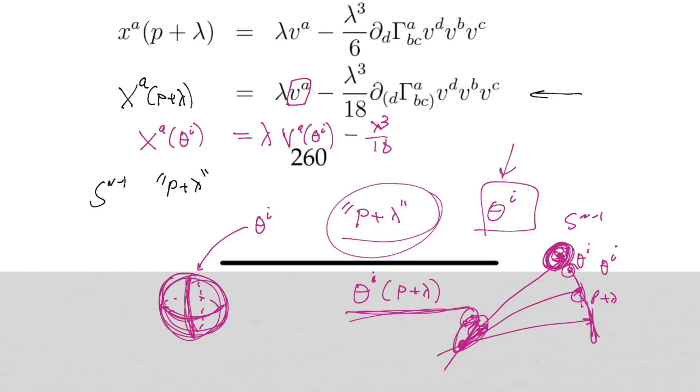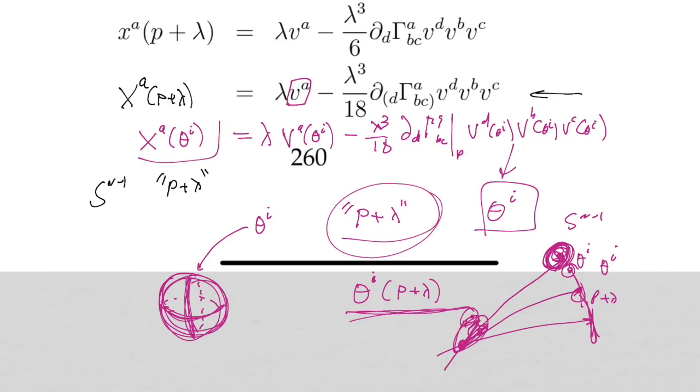This thing here, this partial d gamma a, b, c, I almost hate to write it because it's so weird, but that's evaluated at the point P. And then, of course, you have Vd of theta I, Vb of theta I, and Vc of theta I, right?